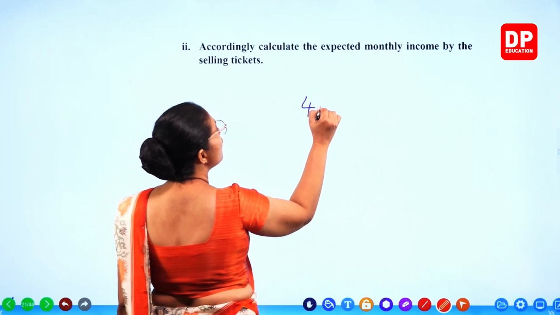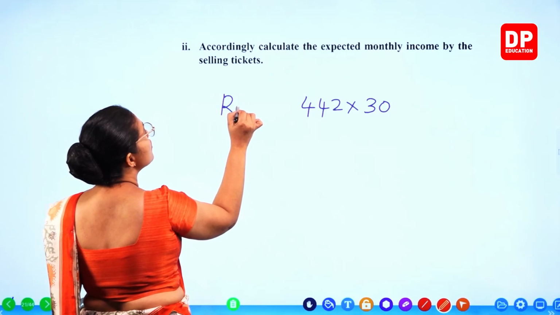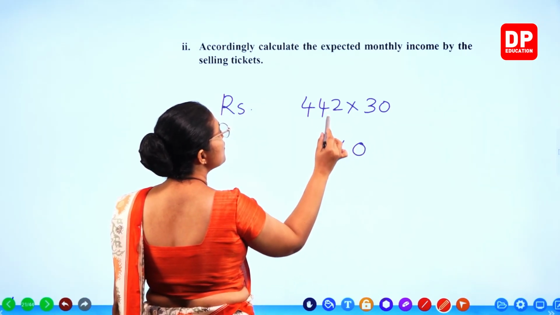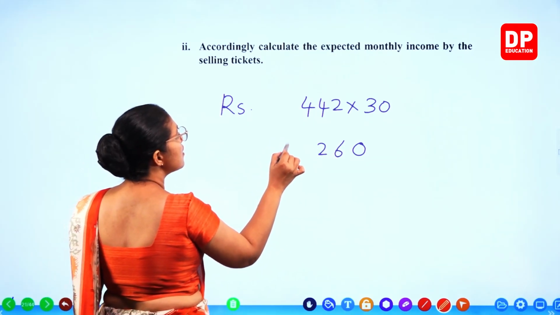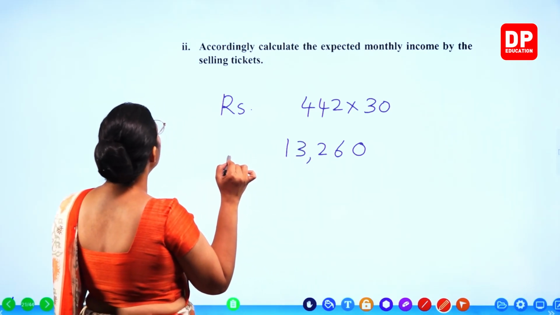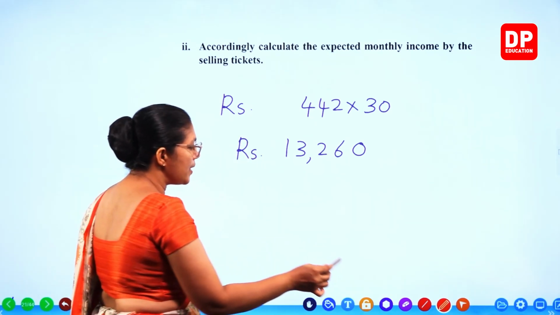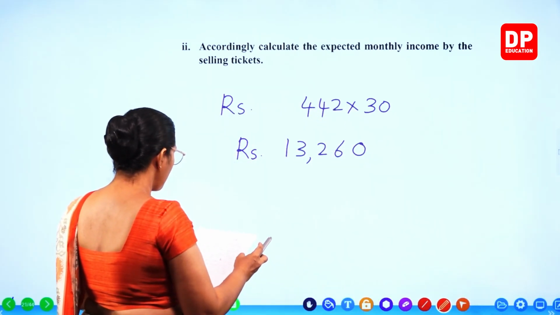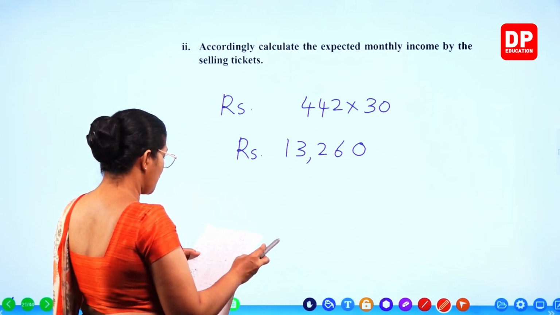So, 442 multiplied by 30 is the expected amount. 0, 3 times 2, 6, 3 times 4, 12, 1 remaining, 3 times 4, 12 plus 1, 13. So the expected monthly income is 13,260 rupees. So how many marks for that one? You are getting 3 marks for that.